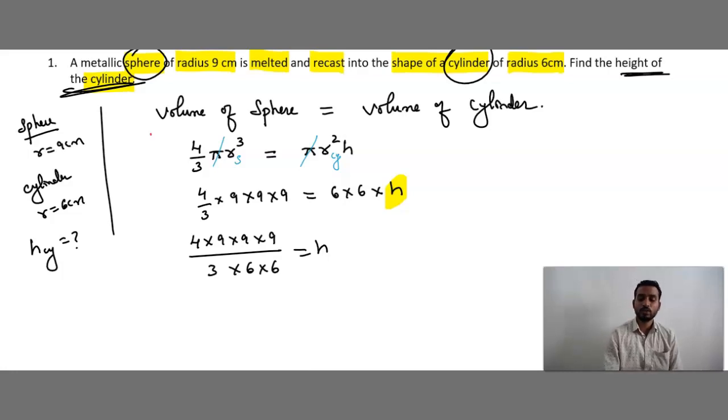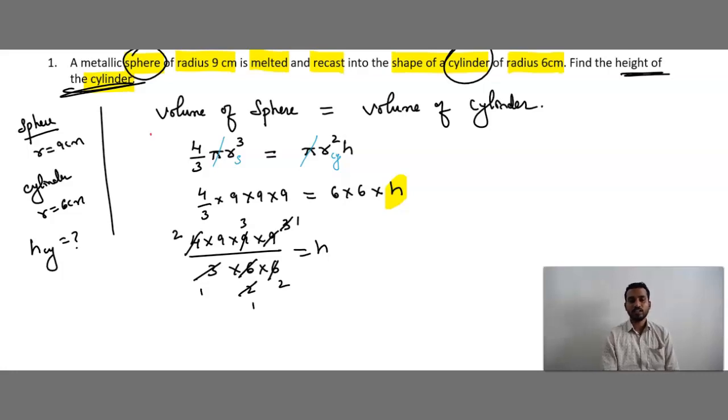So now what we can see here: 3 ones are 3, 3 threes are 9, right? Then next again 3 ones are 3, 3 twos are 6. Again here also 3 twos are 6, 3 threes are 9, correct? Anything else we can see here? Yes, 2 ones are 2, 2 twos are 4.